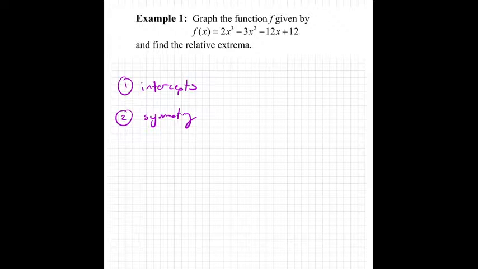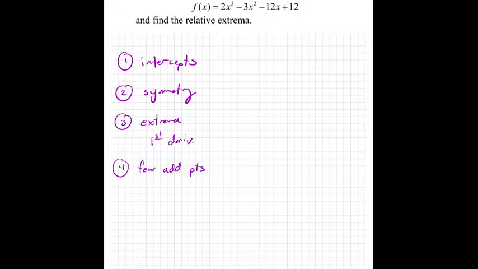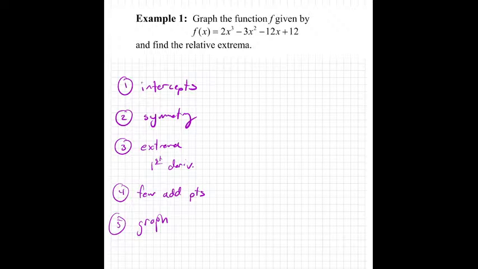Let's do extrema. So right now we're just going to be doing the first derivative. And then I'm just going to say a few additional points. And if I think of other things, I can update this. And then we'll graph. Okay, so that's just a rough sketch of some of the thought processes.